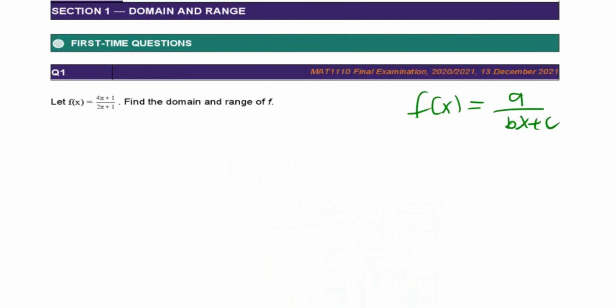Let's begin our discussion with the first question that we have here. Let f of x is equal to 4x plus 1 divided by 3x plus 1. Find the domain and range of the function. So what I'm going to do is find the domain and range, and then sketch it. How do we find the domain of a rational function? To find the domain of a rational function, we can never have 0 on the denominator.